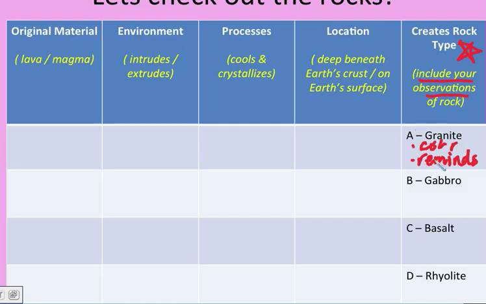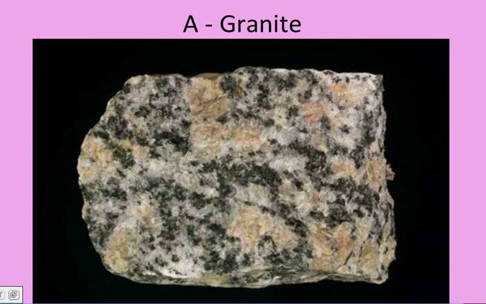Okay, once you have that done, you're going to start in by looking at if it's fine-grained or coarse-grained. Okay, and you're going to start thinking about where it came from based on that material. Okay, so here's what our first rock is going to look like. It's going to be granite. Okay, so granite, we can kind of start to get a vision here, looking back at our sample, looking back in the video.